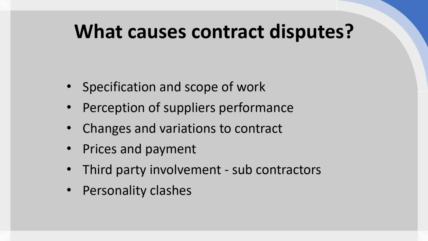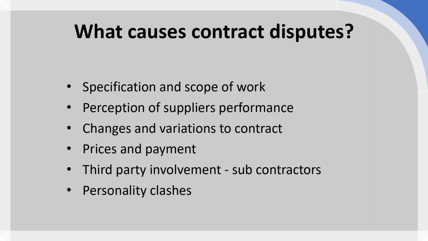Others are concerned with the planning actually inherent within the procurement cycle, so we can minimize those sources of contract disputes during the planning phase, and some are down to the contract and the level of detail and clarity contained within the contract and various terms and conditions that are included. We will be looking at terms and conditions in more detail fairly soon on the unit.